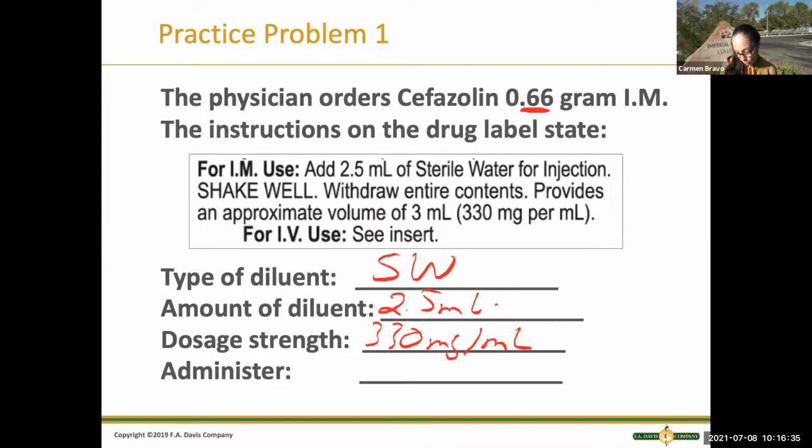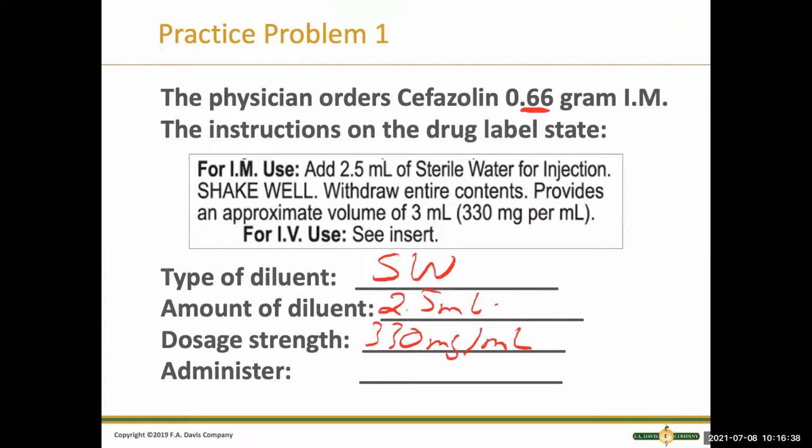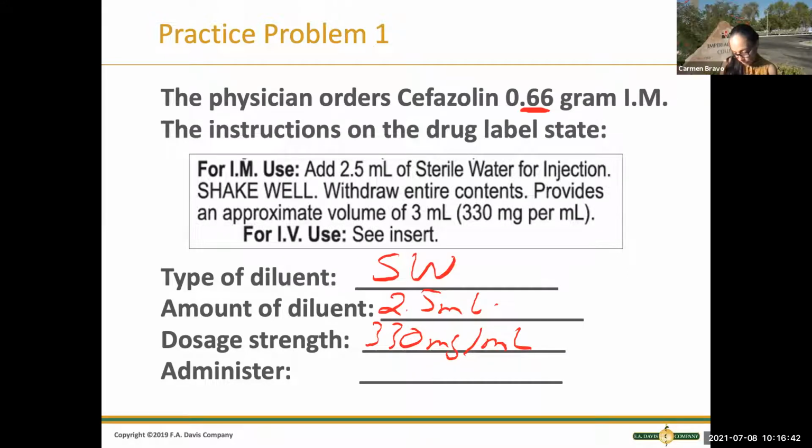If we move, 660. It will be 660, and each mL has 330. I'm just doing it in my head, okay?